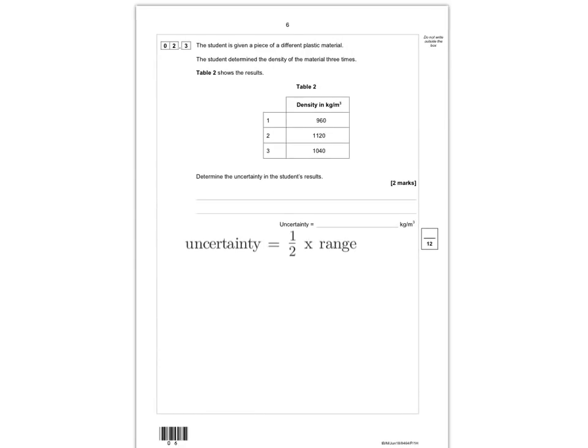So you can see I include that equation here now, and the uncertainty is half times range. What's the range? Well, the range is your highest value, so 1,120, minus your smallest value, which is 960. So you see we put on there the working out, so we've done a half multiplied by our range, which is 1,120 minus 960, so that's a half times 160, and that will give us an answer of 80.